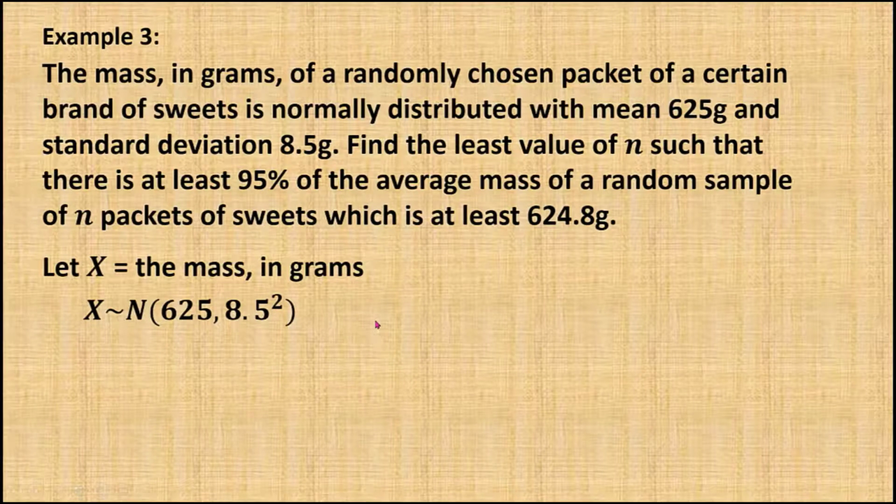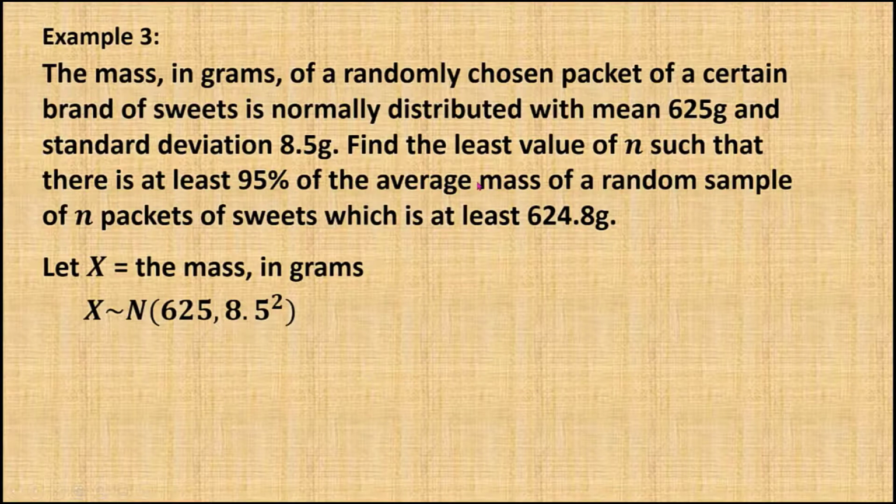And in this question, how do we know that it involves bar x? This is because the question involves the average of mass. Mass is the random variable x, average is mean, so this is the mean of x, that is bar x. Before we proceed, we need to find out the distribution of bar x.